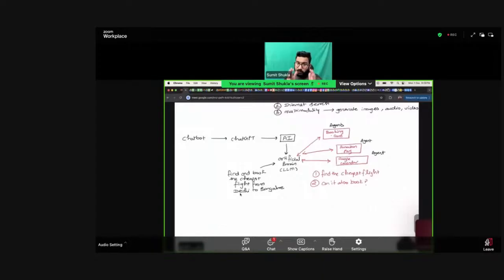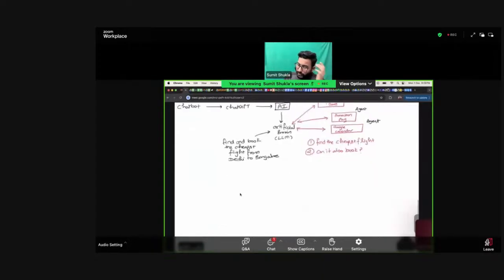And that is what is happening today. But today, what we use is known as agentic AI. Agentic AI is that particular framework which involves multiple agents working together.